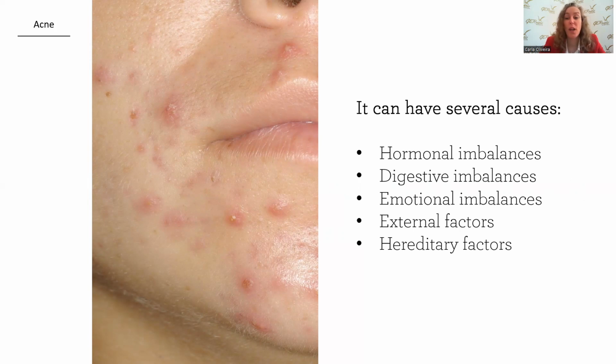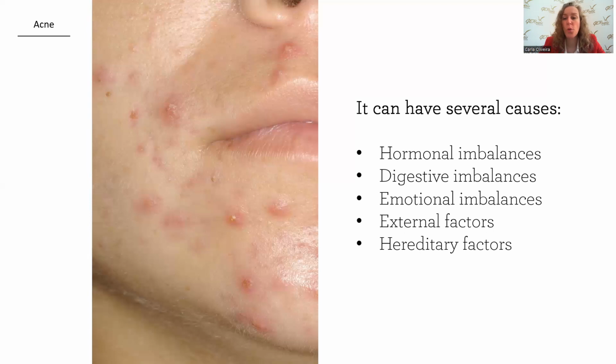We can talk about digestive imbalances like the intake of dairy food and its derivatives and also processed foods. But we can talk also about emotional imbalances like stress, depression, and anxiety. We may also address causes like external factors like environment, and by this we mean cool, hot, and windy.